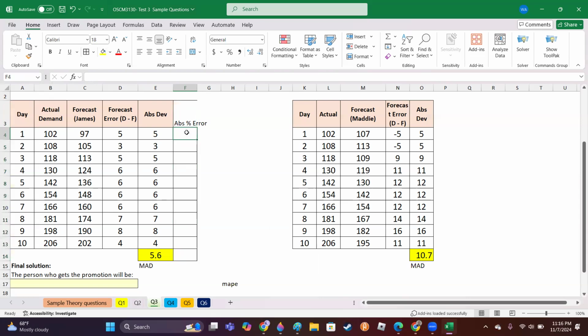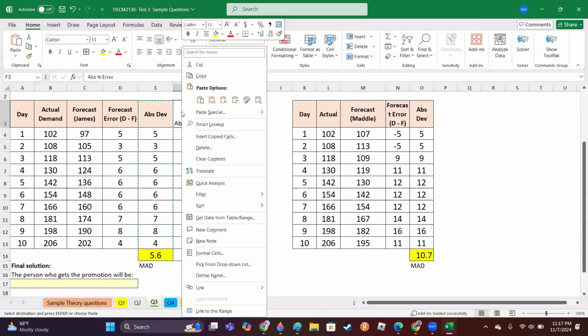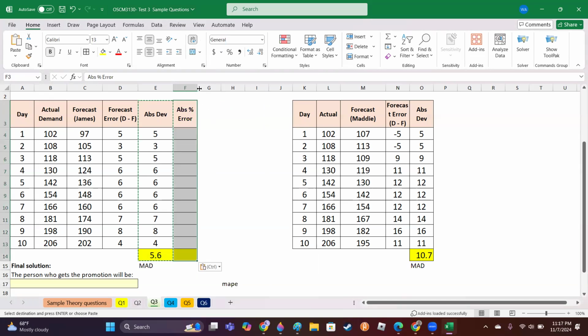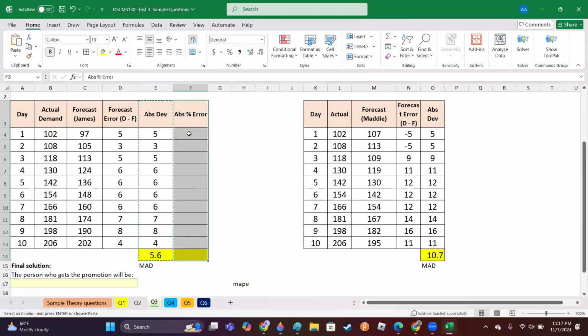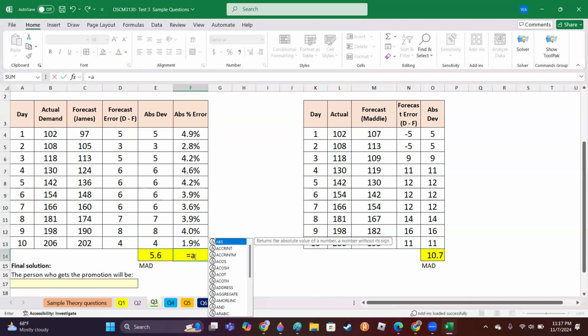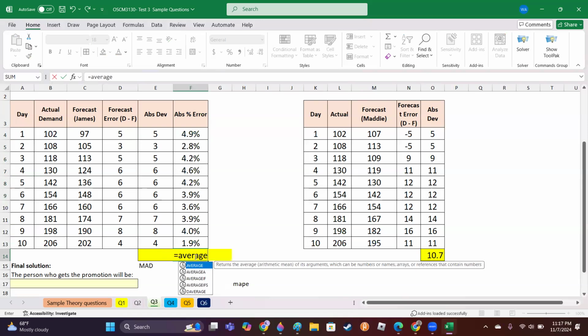So the first thing I need to do is figure out the absolute percentage error. For the absolute percentage error, I would get the absolute error divided by the actual demand. That gives me some percentage if you click on the percentage sign here. I could drag this all the way to the bottom and then calculate my average, because we're looking for the mean of the absolute percentage error.